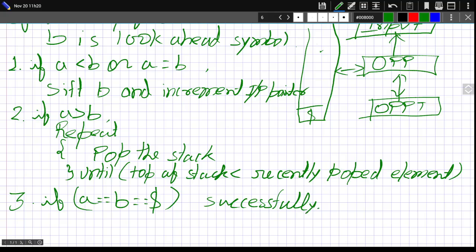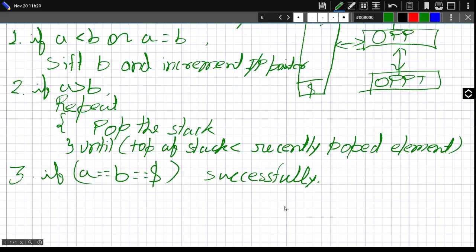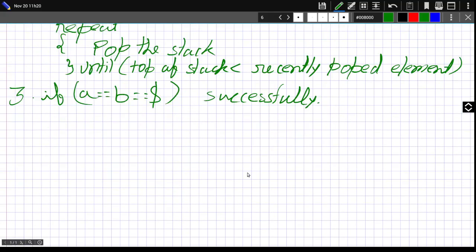Now the thing is, this parser actually can also parse ambiguous grammars.